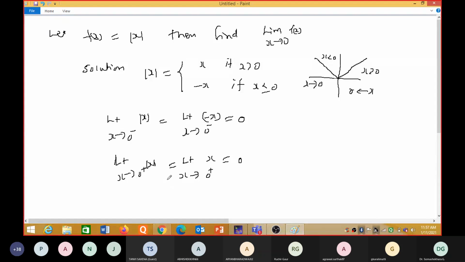You should write: limit as x tends to 0 plus of mod x, the right hand limit, is equal to limit as x tends to 0 minus of mod x, the left hand limit. Both are equal to 0. So you can write that the limit of the function exists: limit as x tends to 0 of mod x is equal to 0.